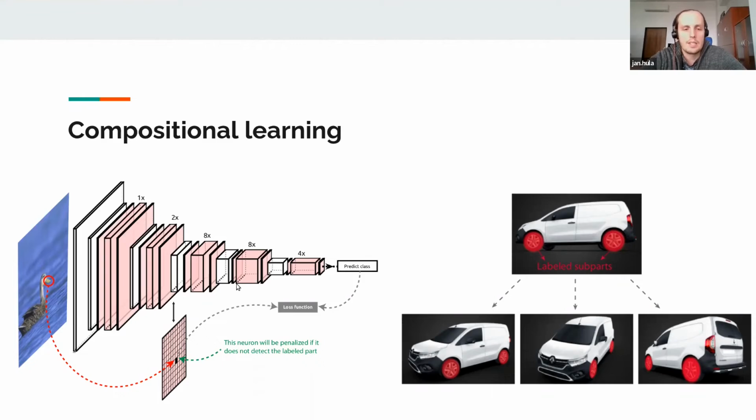And using this kind of training, we achieved similar accuracy as if we would train the network only with the final labels, but the training was five times faster, because the search was more restricted by us forcing the filters to produce certain values. So this was the part about data augmentation.